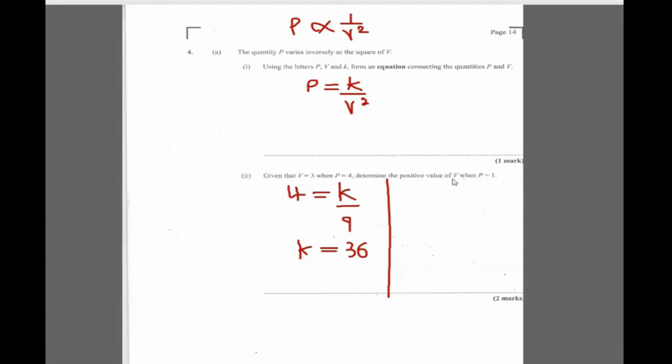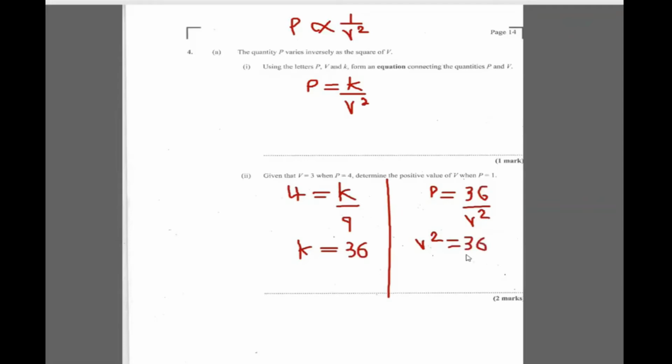So let's check it out. Find the value of V. Now P is equal to K, which is 36, over V squared. But P is 1. If we switch them around, we get that V squared is equal to 36 over P. And what is P?